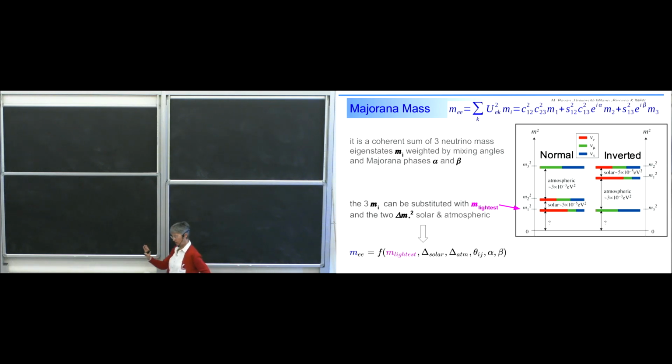We see neutrino oscillation, and the only way from the phenomenological point of view in which we are able to describe them is that neutrinos have mass eigenstates that are different from flavor eigenstates, and we have these two different pictures for the ordering of these mass eigenstates. We can have two mass eigenstates that are quite close together, but also they are the lighter ones, with one more split mass eigenstate here, and the reverse.